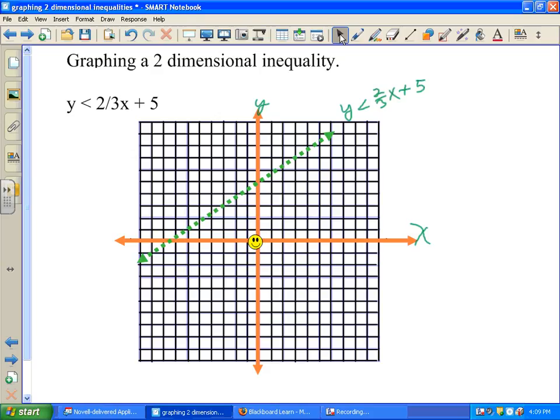That's the point 0, 0. As long as the line doesn't go through the origin, we can use the point 0, 0. 0 for the x value and 0 for the y value. So everywhere I see an x, I am going to put a 0, and everywhere I see a y, I am going to put the other 0.